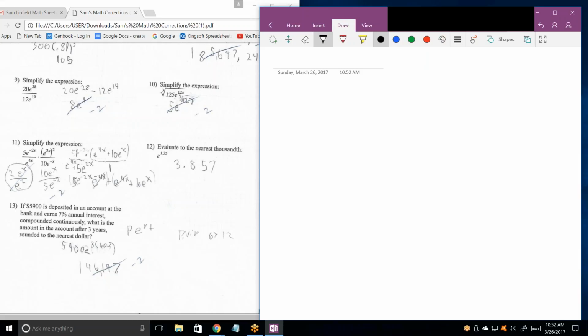We got the cube root of 125 e to the 12x. Well, this is a problem that I can do in two steps. First of all, let's write it with a fractional exponent because it's going to be easier to figure out.